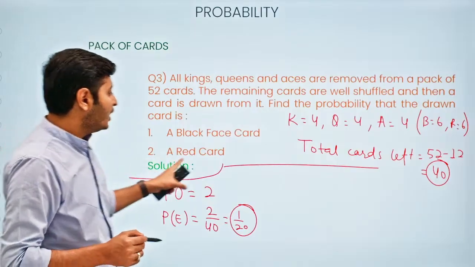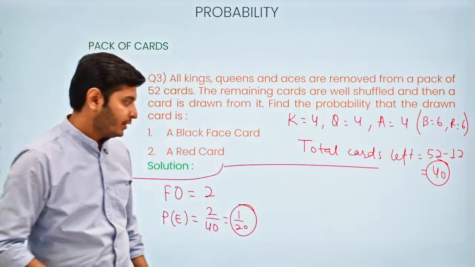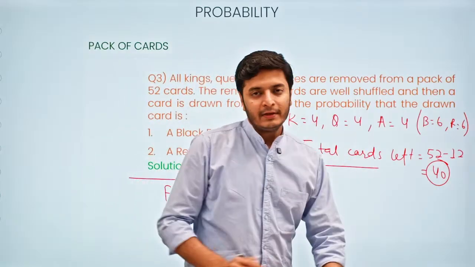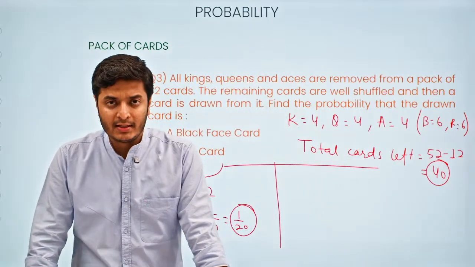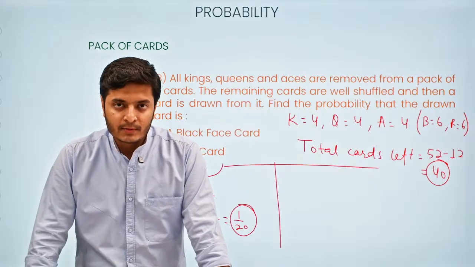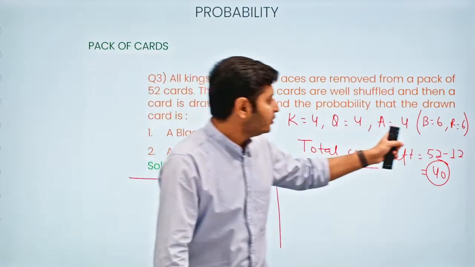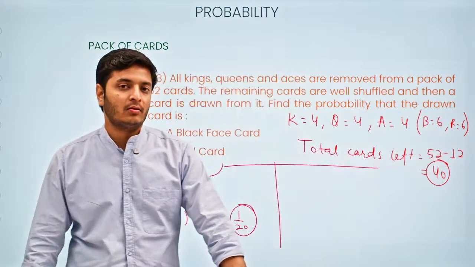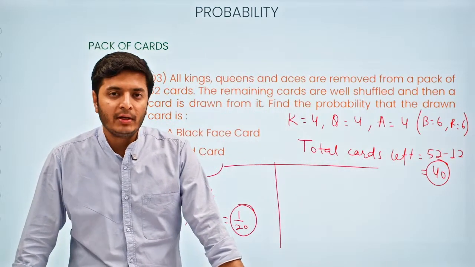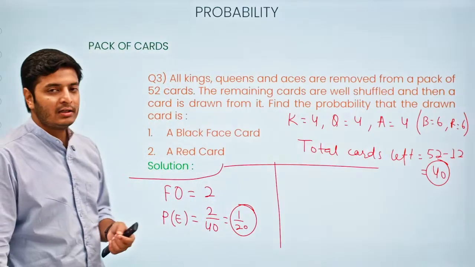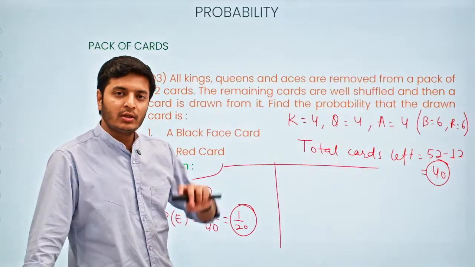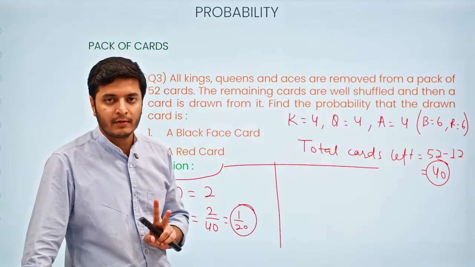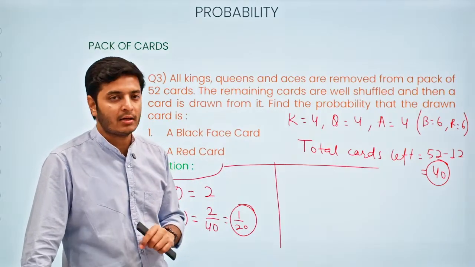Next part, a red card. First thing, we are removing kings, queens and aces, but they are of some color, no? That's why I told you that 6 black cards are removed, 6 red cards are also removed. So how many total red cards are left now in the deck? Total number of red cards in the normal deck is 26, half of 52. Half red cards, half black cards.